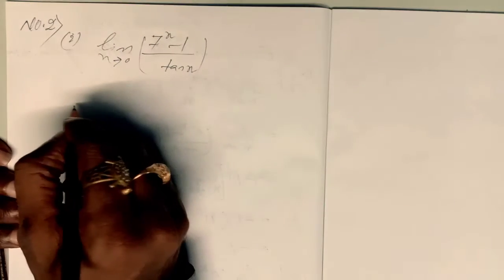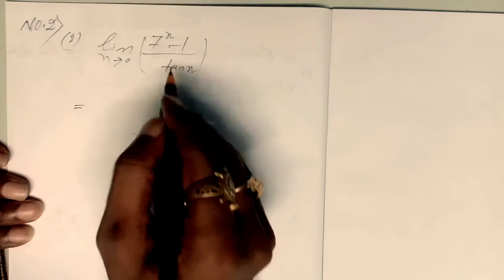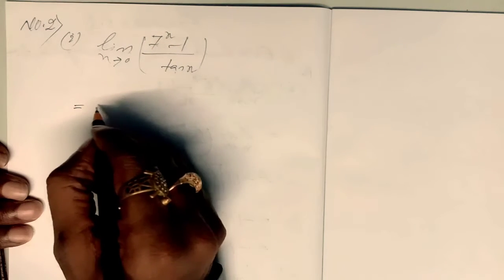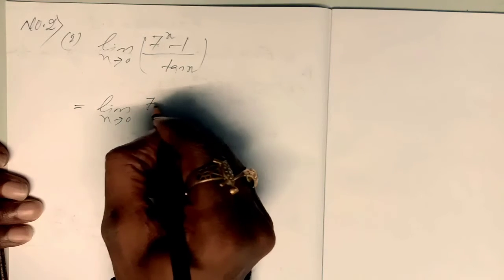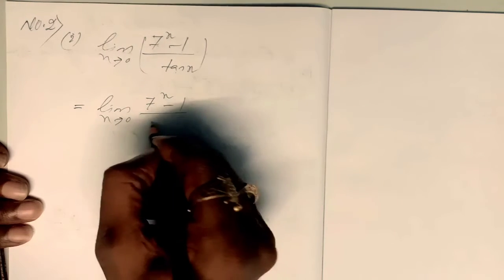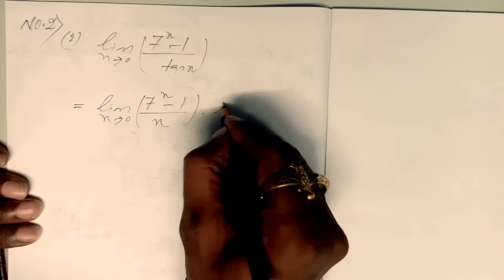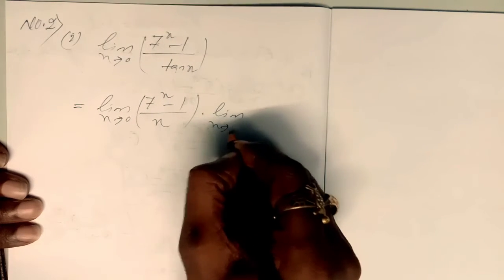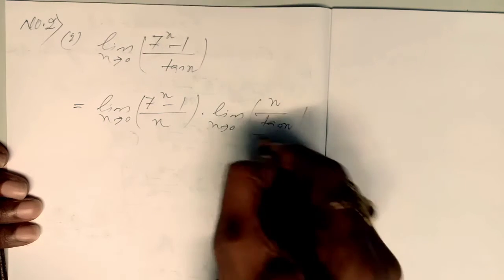First you have to follow what is given in the question: 7 to the power x minus 1 by tan x, and limit x tends to 0. Here you write limit x tends to 0, (7 to the power x minus 1) by x. Again write limit x tends to 0, x by tan x.